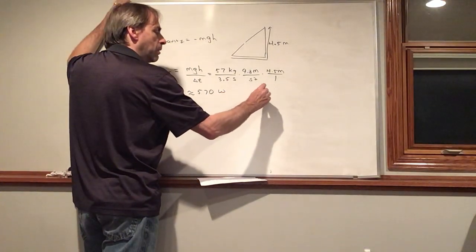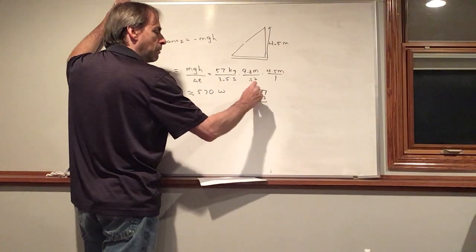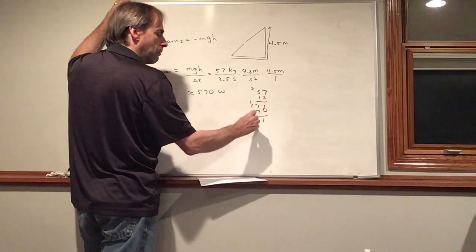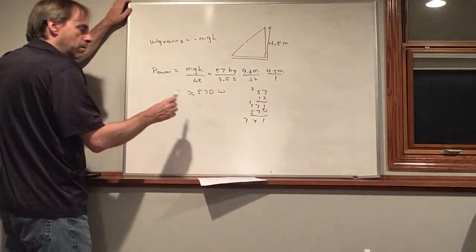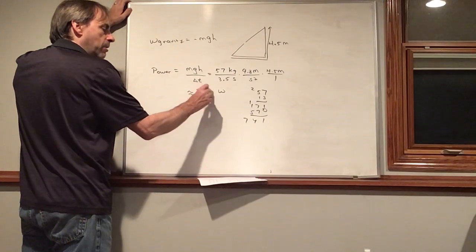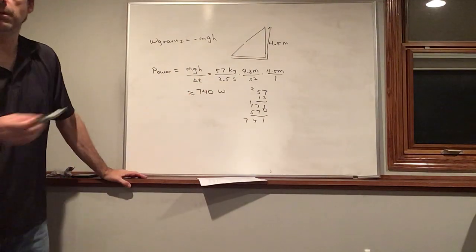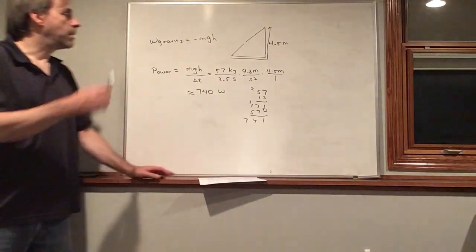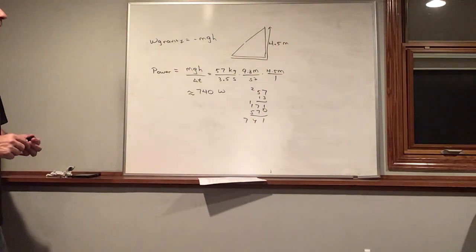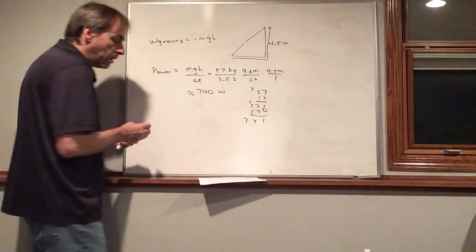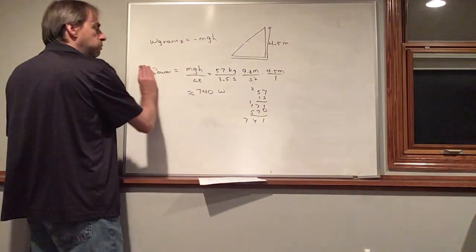So I'm going to guess it's around 740 watts. So a bit of an approximation. I don't have a calculator, but yeah, it should be fairly close to that. All right.